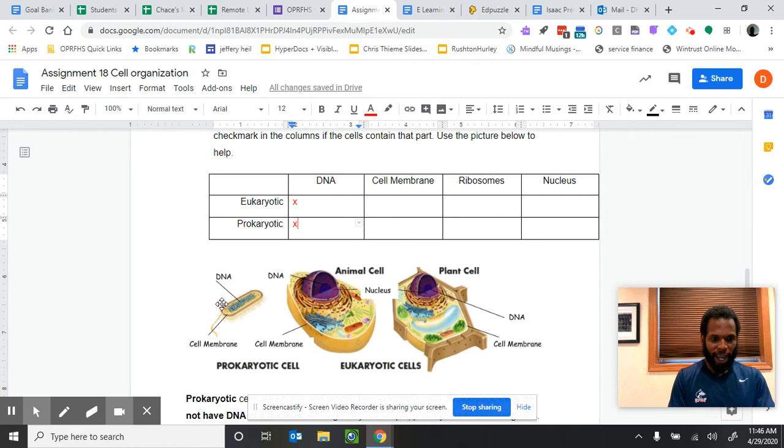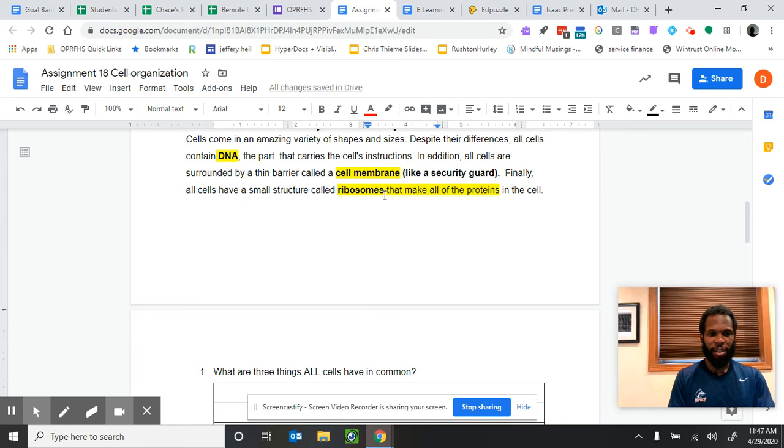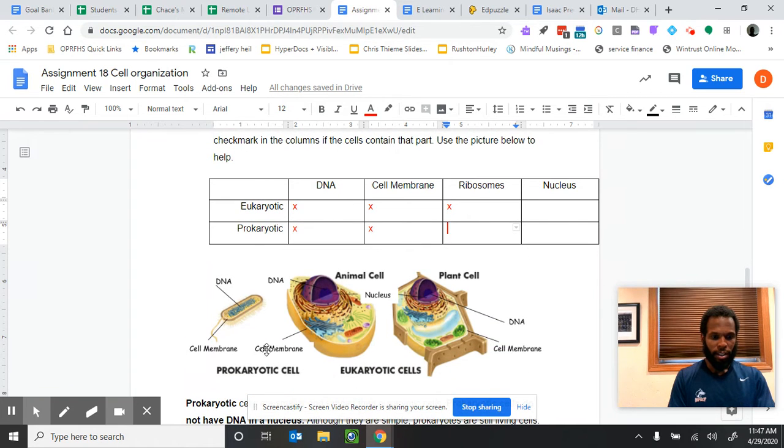Prokaryotic cell, it has a cell membrane. Eukaryotic cell, yep, cell membrane, they both have a cell membrane. Ribosomes. Now, although it's not in the picture here, we did read above that all cells have ribosomes. So check there. And then nucleus. Does a prokaryotic cell have a nucleus? Nope. Eukaryotic cells? Yep, they sure do.